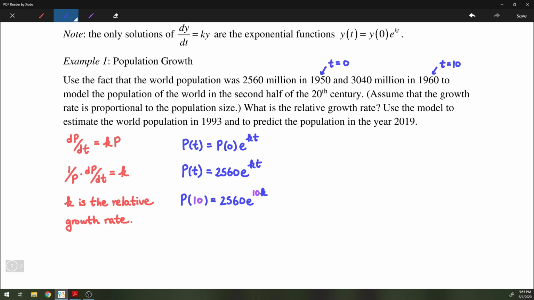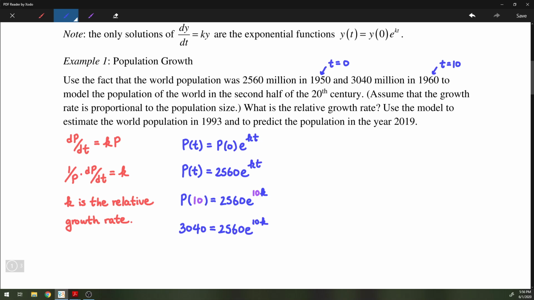So we know what that number is. We know that p of 10 is equal to 3040. So 3040 is equal to 2560 e to the 10k power.